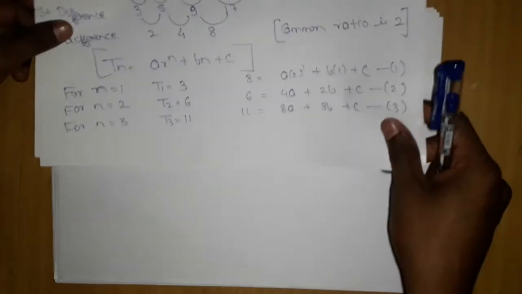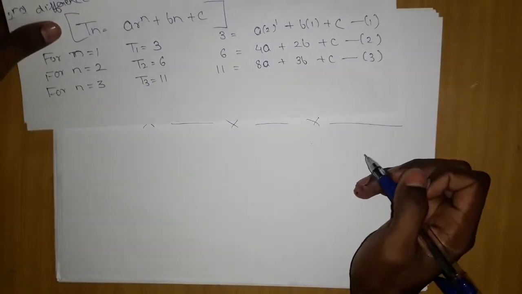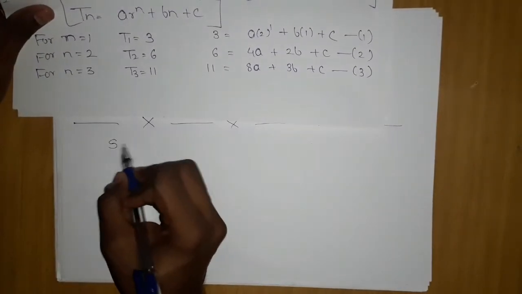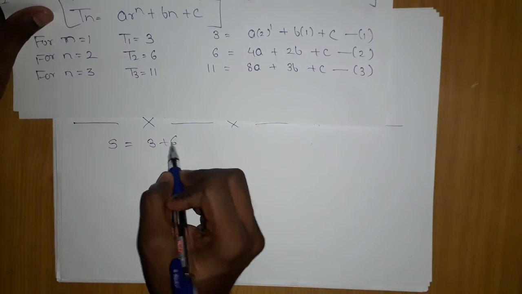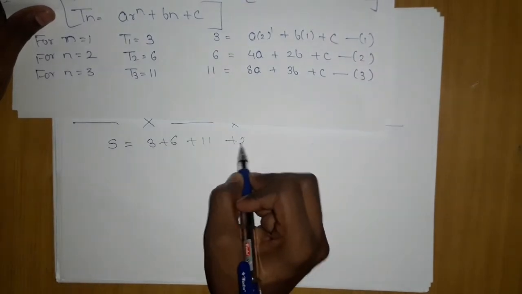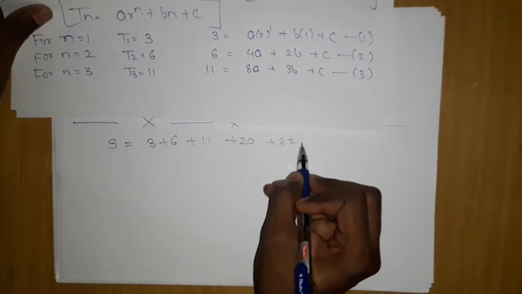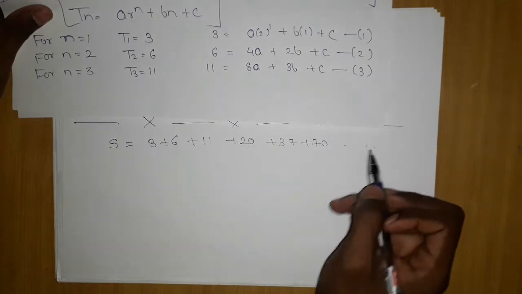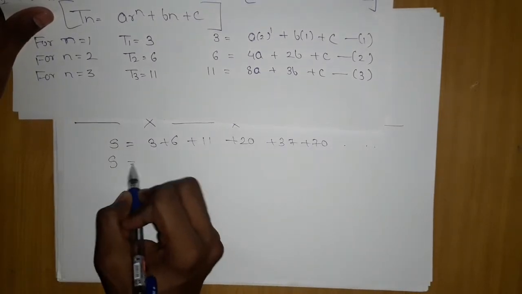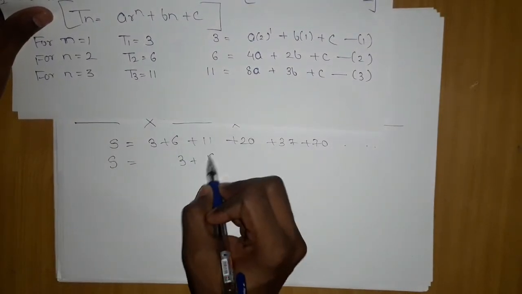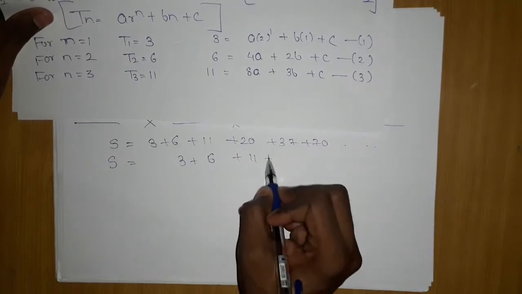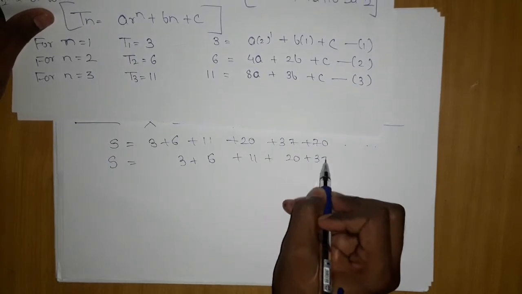Now let's go with the general way, the general method which we used to do in the problems. Write the S: 3 plus 6 plus 11 plus 20 plus 37 plus 70 and so on. Write the S again, but moving it a little forward, one step forward: 20, 37 and so on.